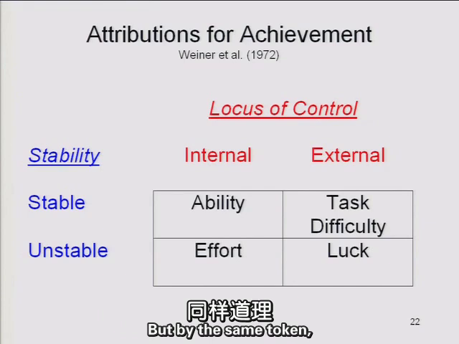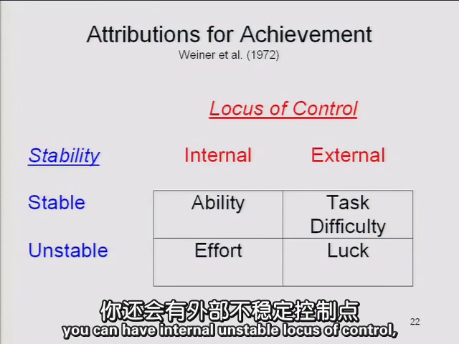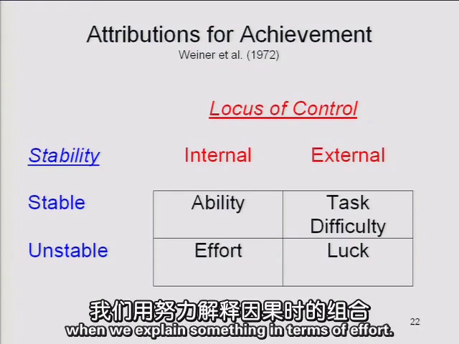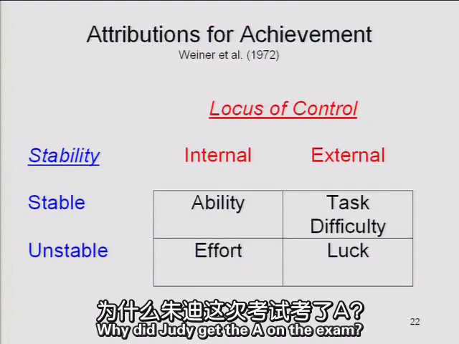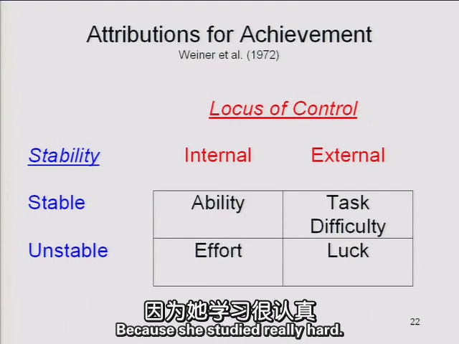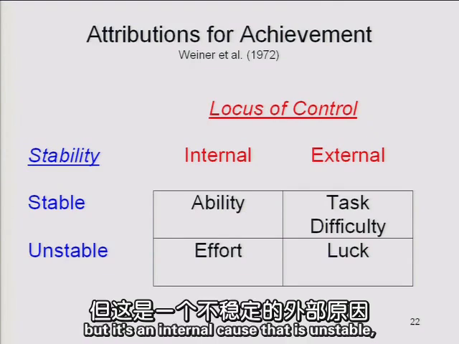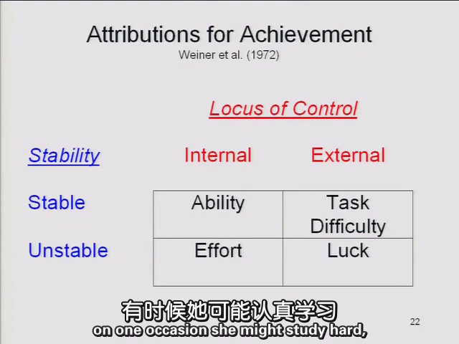But by the same token, you could have internal unstable locus of control, which is what happens when we explain something in terms of effort. Why did Judy get the A on the exam? Because she studied really hard. It's something she did. It's an internal cause, but it's an internal cause that is unstable. On one occasion, she might study hard.